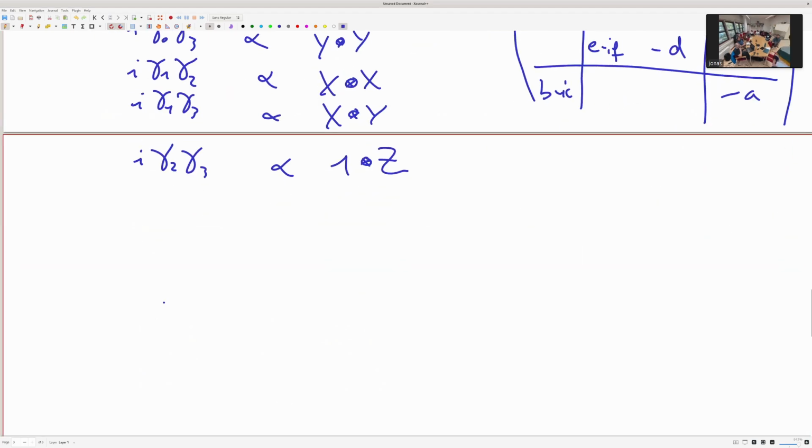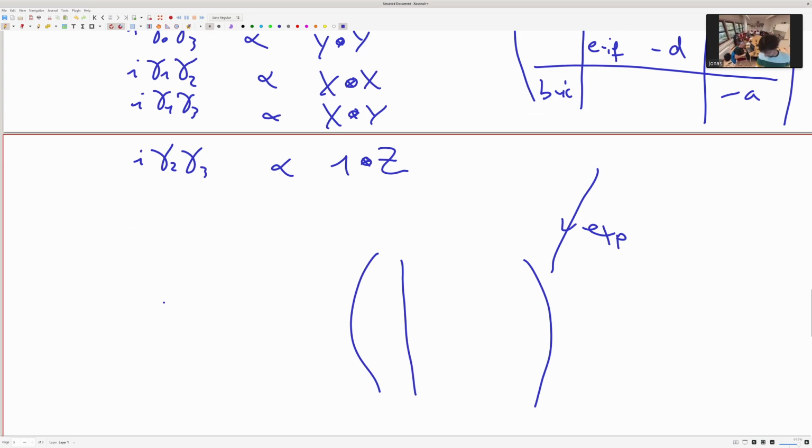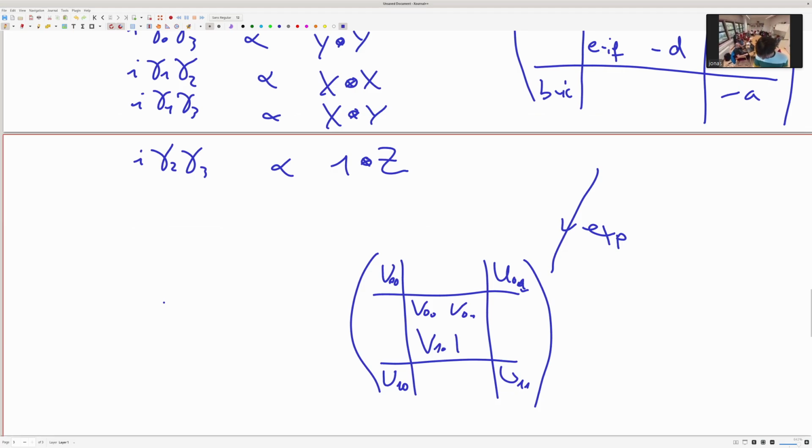If we now exponentiate, we get something that has the same structure, where u and v are two matrices which are exponentials of something Hermitian and traceless. So these are matrices in SU(2).